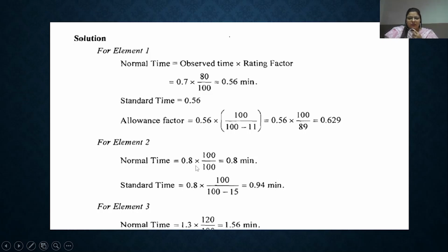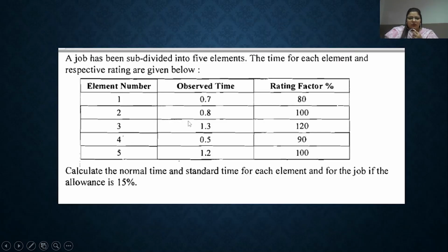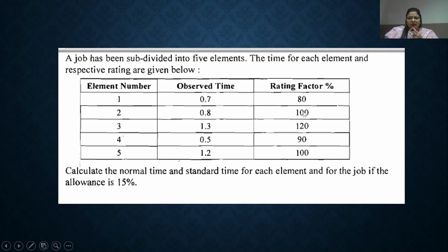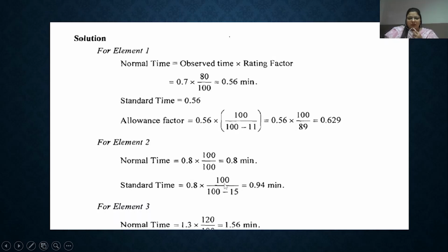The normal time 0.8 is given in the table, and 100 is the rating factor, so this is 0.8. Next is the standard time, 0.5 into 100 upon 100 minus the 15% allowance, so it is 0.94.